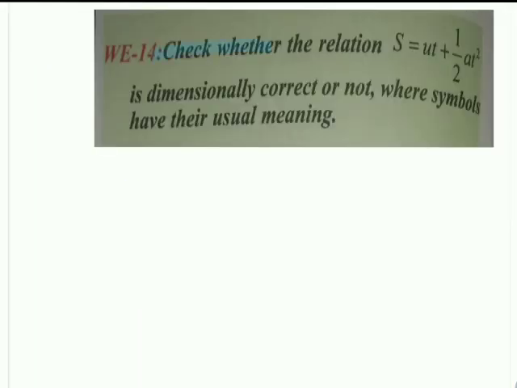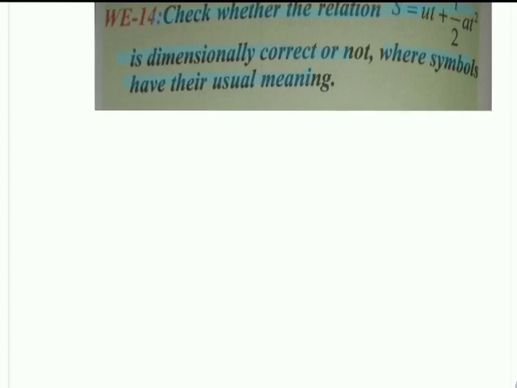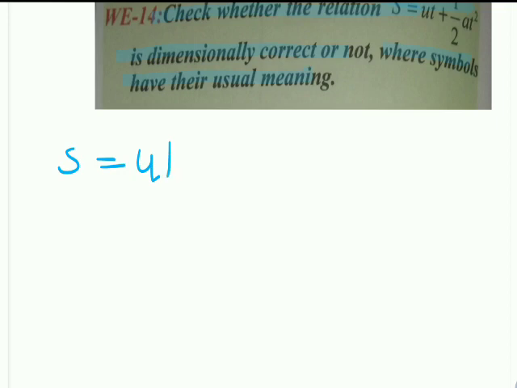Check whether the relation S is equal to UT plus half of AT square is dimensionally correct or not, where symbols have their usual meanings. So S is equal to UT plus half of AT square.